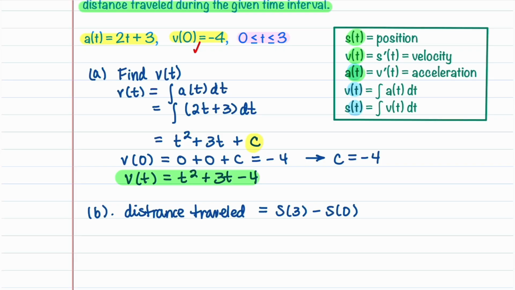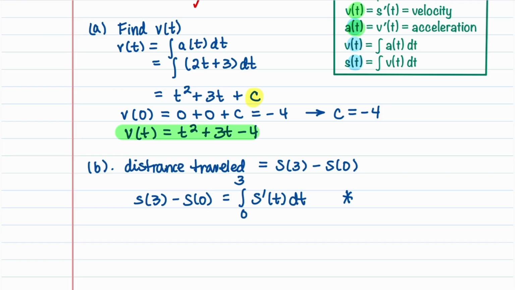That's just the distance at the end of the time interval minus the distance at the beginning of the time interval. The fundamental theorem of calculus tells us that s at 3 minus s at 0 is the integral from 0 to 3 of s prime of t dt. I'm going to put a little star here because I think that's the hardest part of the problem. Once you know that, everything else is not as hard.